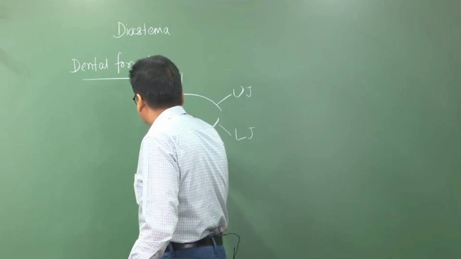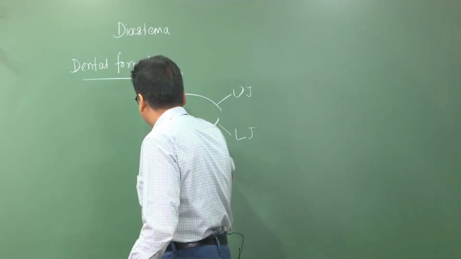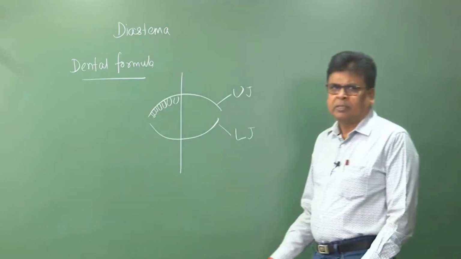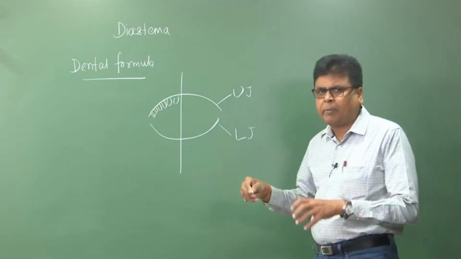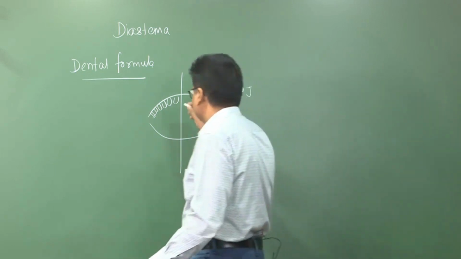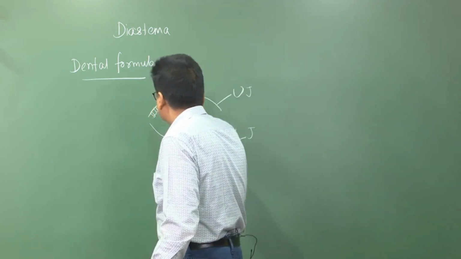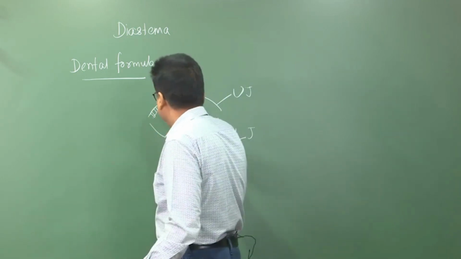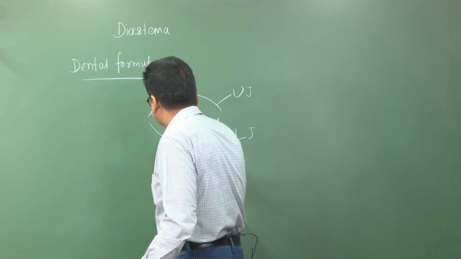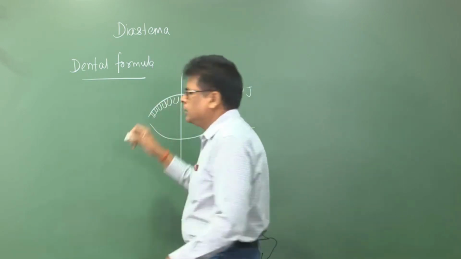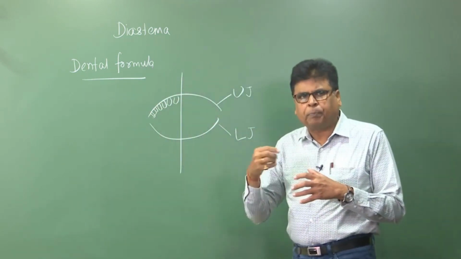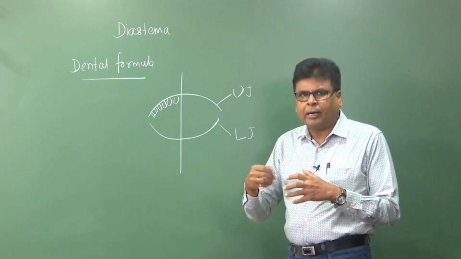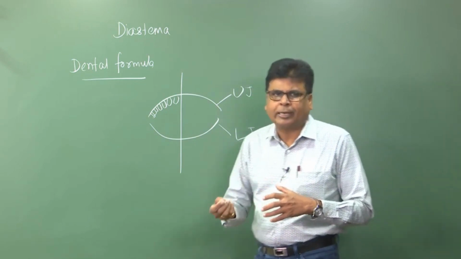In this jaw a number of teeth are present, and as these are heterodont, different types of teeth are present there. If I count the number of teeth present in half of the upper jaw and half of the lower jaw, this representation is denoted as dental formula.